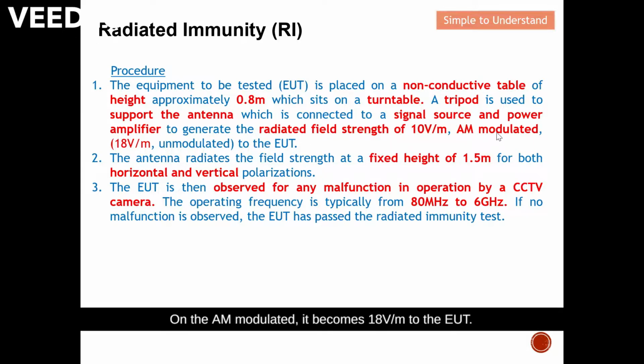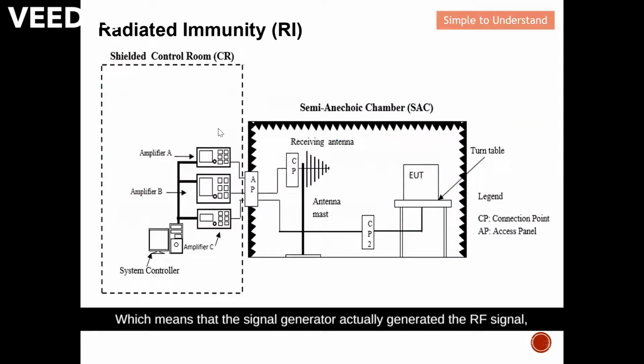With AM modulation, it becomes 18 volt per meter to the EUT. This means that the signal generator generates the RF signal, which passes to the amplifier. The amplifier amplifies the signal to ensure that 10 volt per meter hits the DUT or EUT.